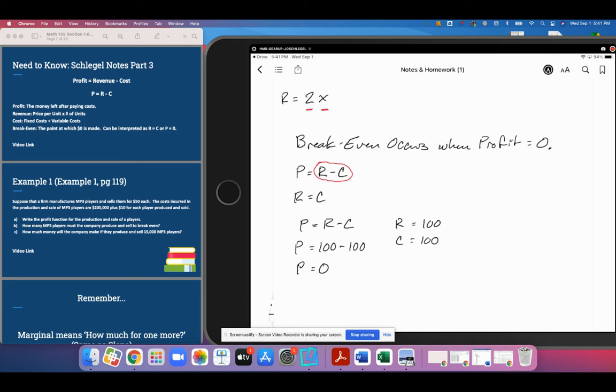So restating again, there are two ways to establish a break-even point. One is when profit is equal to 0. The other is when revenue is equal to cost. Because when revenue and cost are equal, like right here and right here, they will make 0.